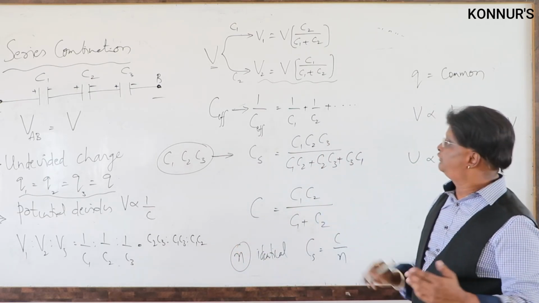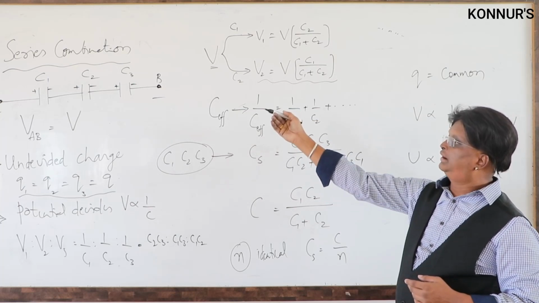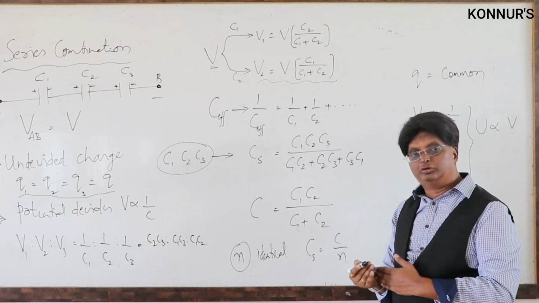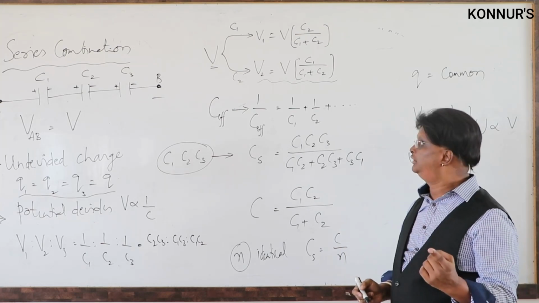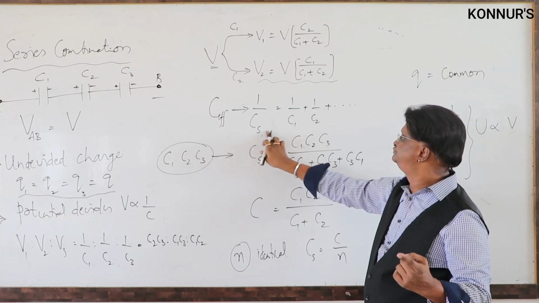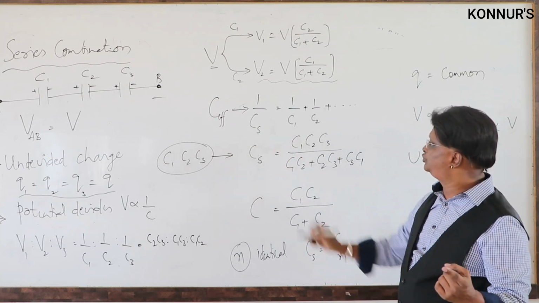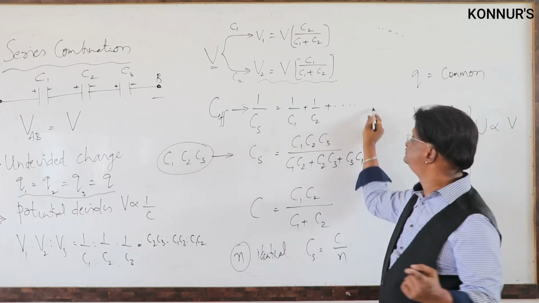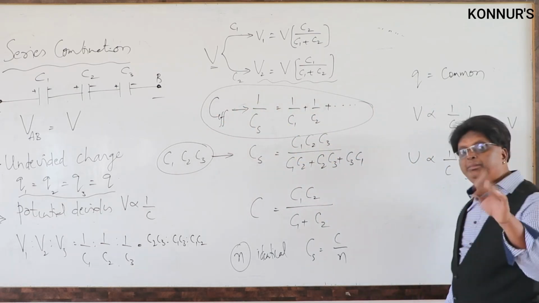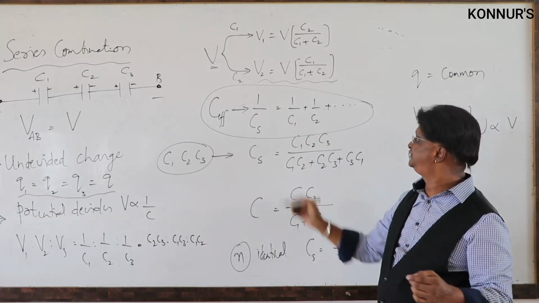Likewise. Now in this we are calculating the effective capacity, right? All the 3, or any number in the series group, will form a single capacitor whose capacity I have taken as, let me call it, CS. For series, I am using the expression for effective capacity, and again I am writing it for 3 capacitors.